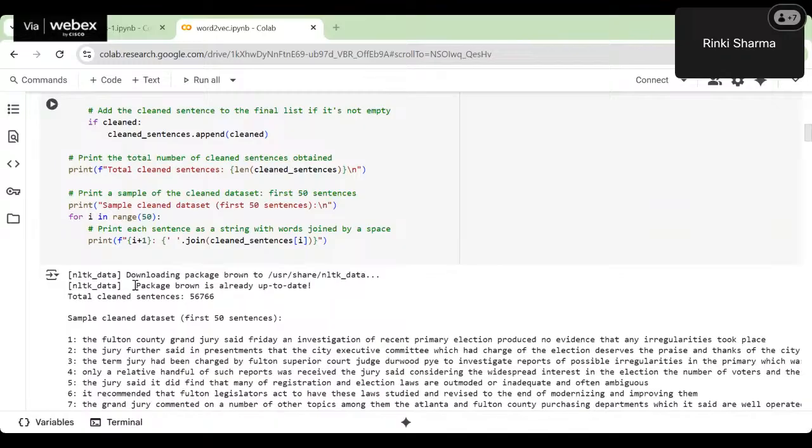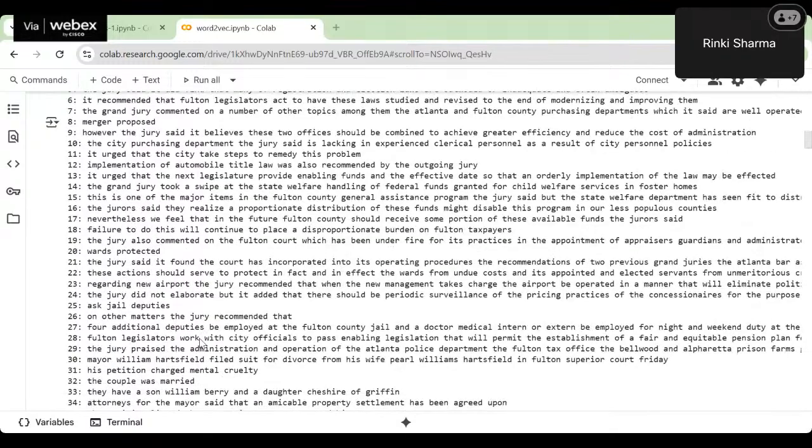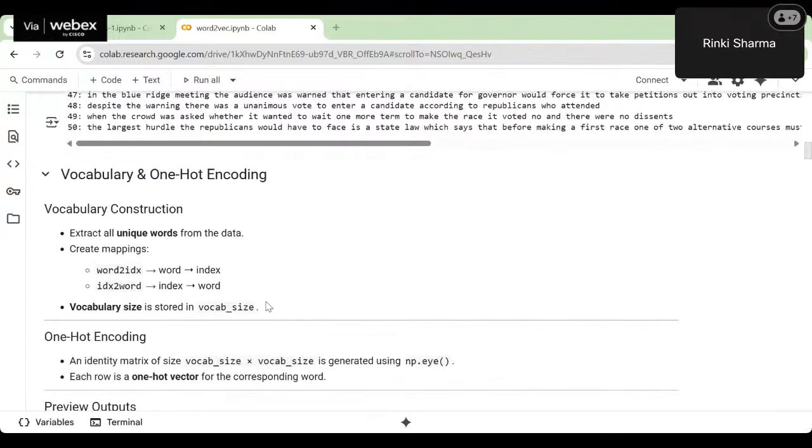The output for this code is as follows. After cleaning, we are left with 56,766 sentences, and the first 50 sentences of the dataset look like this. Now, after data pre-processing, we will build the vocabulary and encoded vector for each word in the dataset. For this purpose, we will use two main functions. The first is word to idx, which assigns an index to every word of the vocabulary.